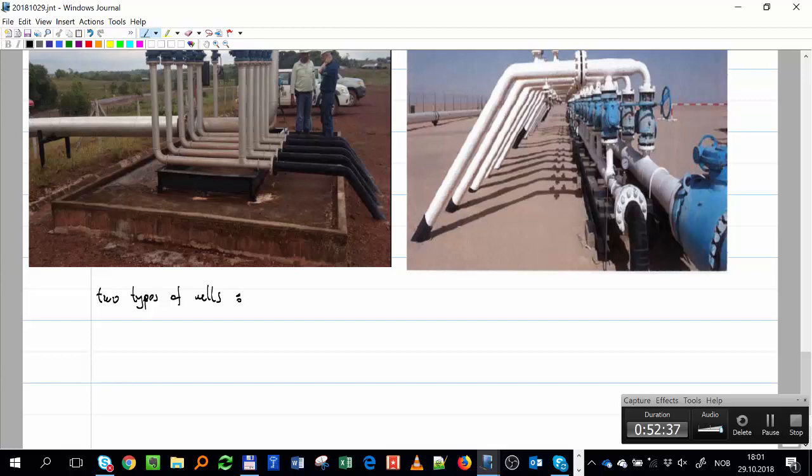We have wells that we call standalone, or very close to standalone. That means they are producing close to a separator.